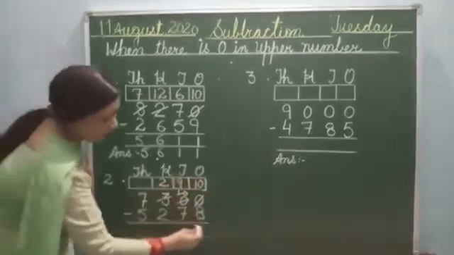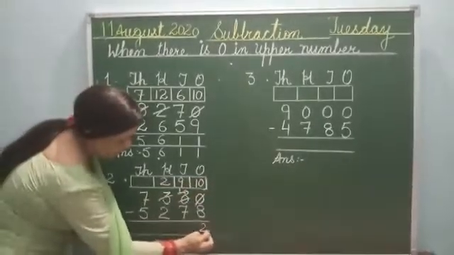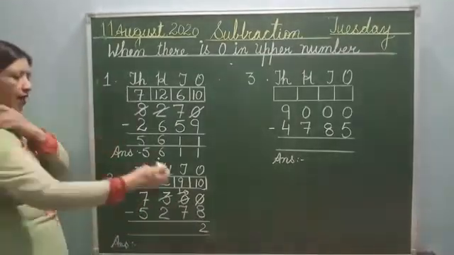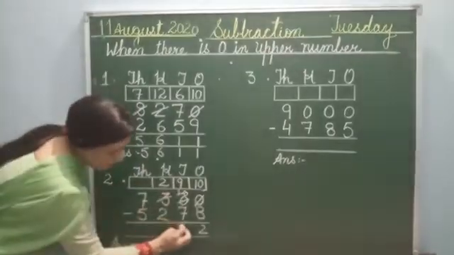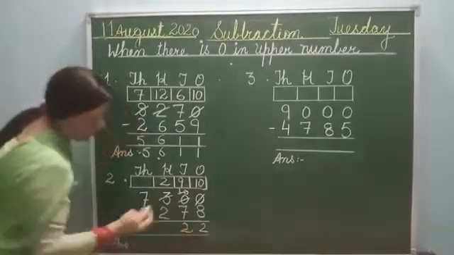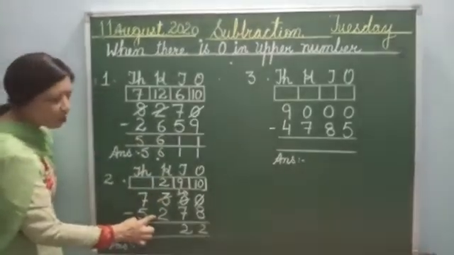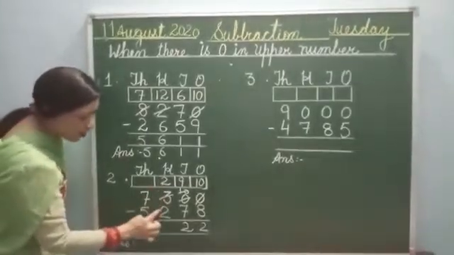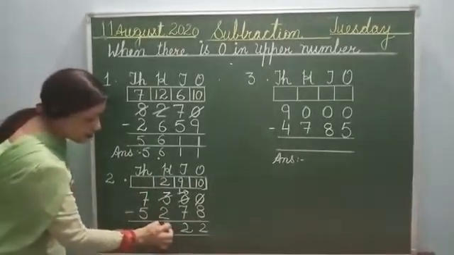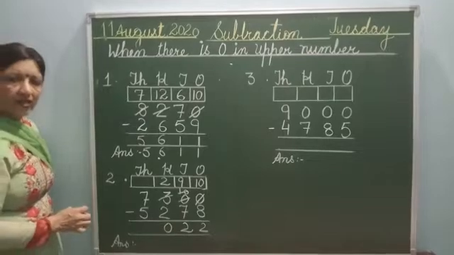Now 10 minus 8 is 2. Now 9 minus 7 is again 2. Now this 2 and 2 both are same, so there is no need to borrow. 2 minus 2 is 0. Clear beta?